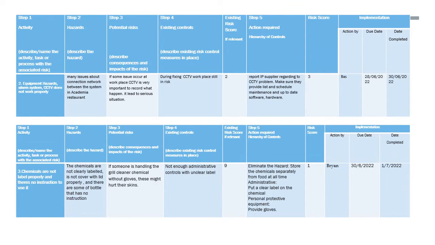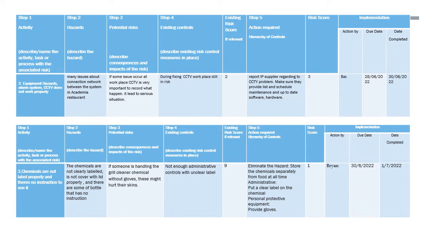The second one is equipment hazard, in this case the alarm, from the security department. The CCTV doesn't work properly, and so the danger is that if some issue occurs at the workplace, it's really important to record what is happening in some serious situation.